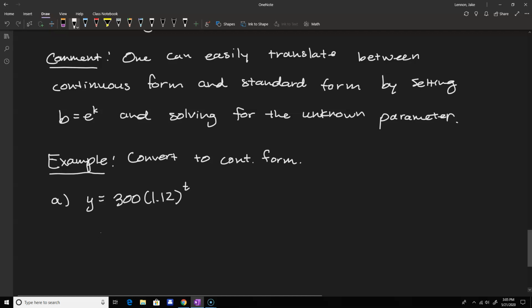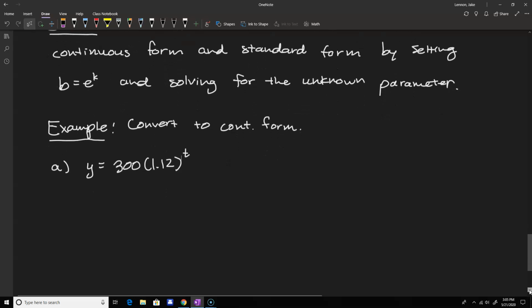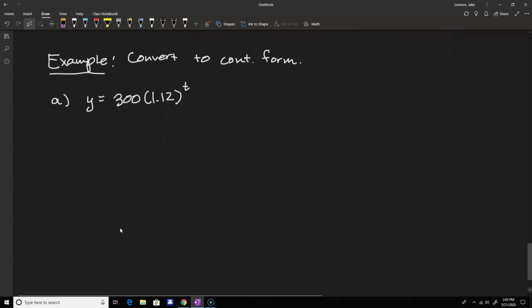So let's change this over to the continuous form. We have to figure out what k is. So we set 1.12 equal to e to the k. To solve for k, we need to take the natural log of both sides. This is the only place we're using natural log right now.